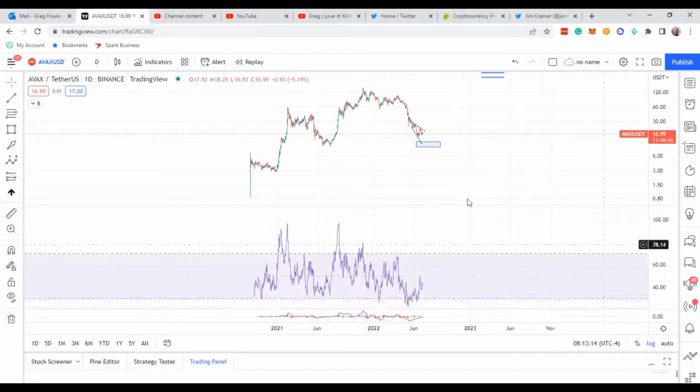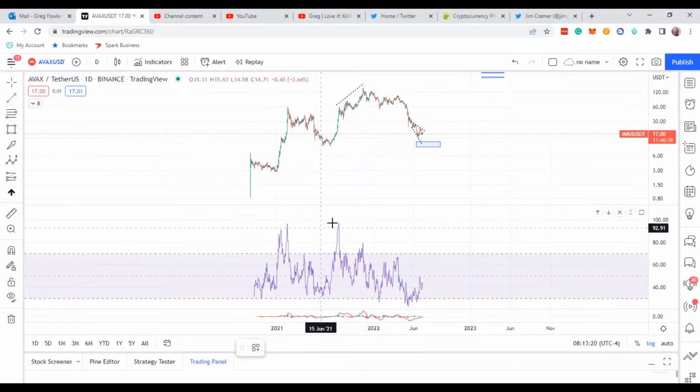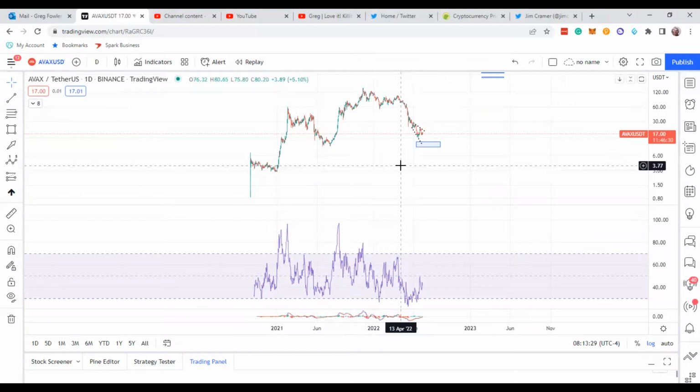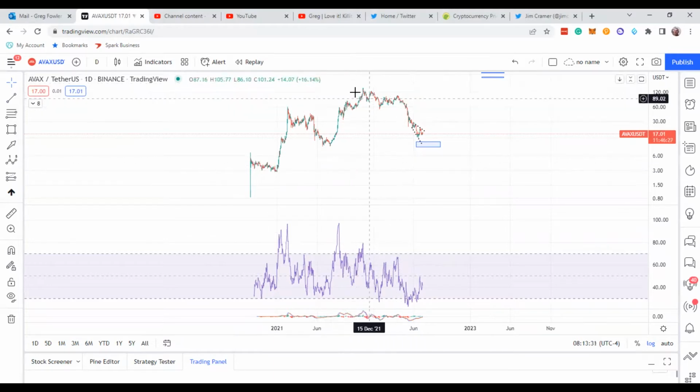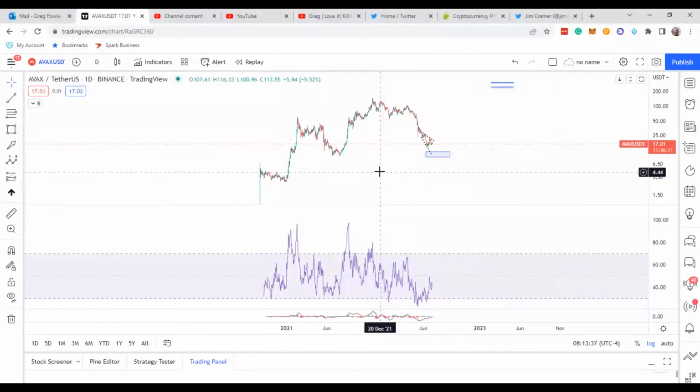On the RSI, you can see right here, here's a third wave peak, and it came over. This was your sell signal for Avalanche right there. That's when you would have wanted to exit. That was your clear indication of no more buying, only selling through here. Even through here, you could have exited if you got in down here, or wherever you may have entered if you were in this coin.